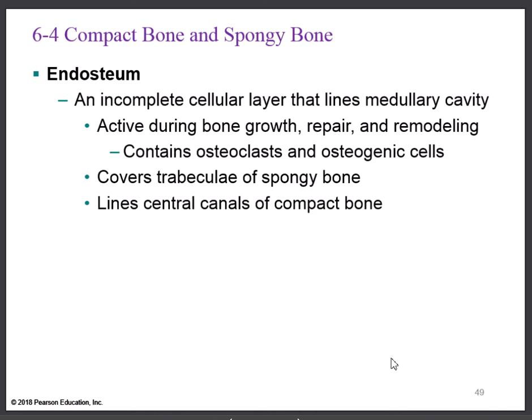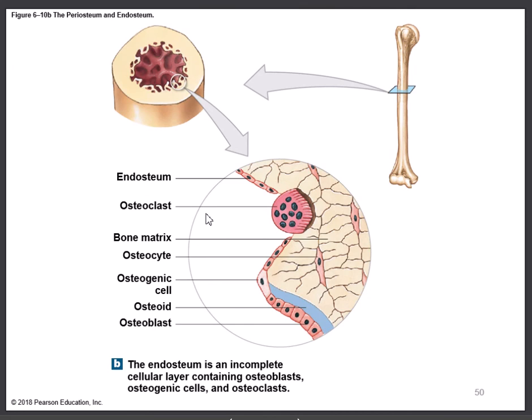So the endosteum has osteoclasts, it has osteogenic cells. If you remember, the osteogenic cells give rise to osteoblasts, right? We would probably find them there also. Well, here I have it. It lines the central canals also. So here's a picture of the linings. What they did is they took the medullary cavity, and you can see here's the endosteum cells. Here's the endosteum cells again, but notice here's a big osteoclast.